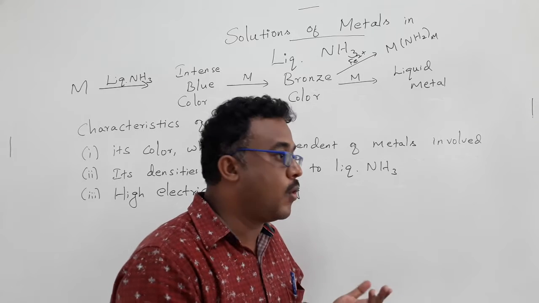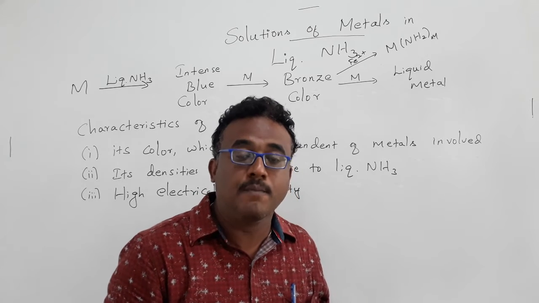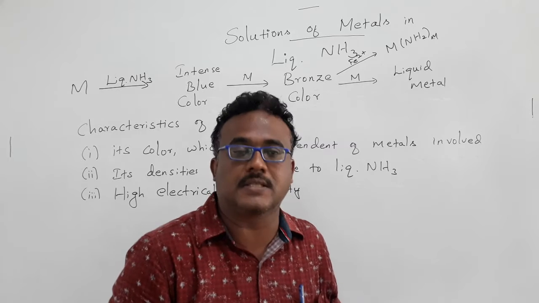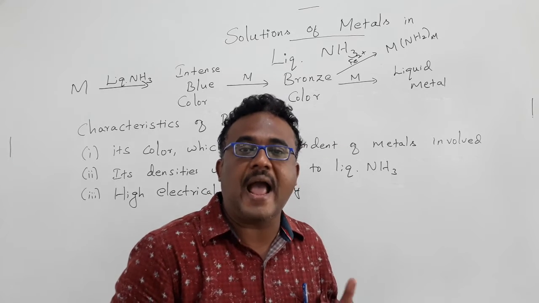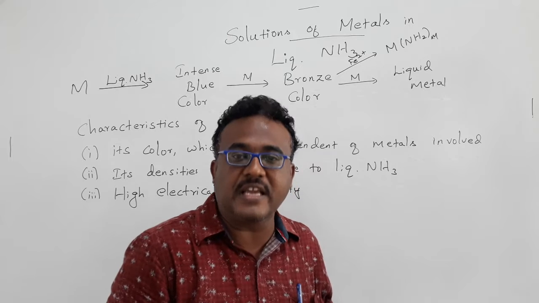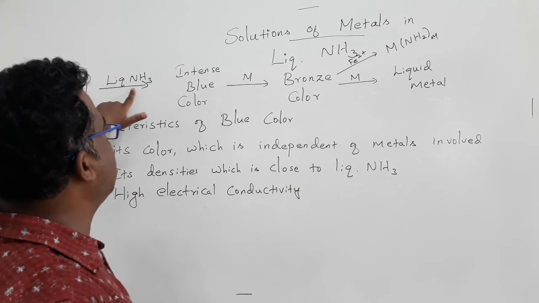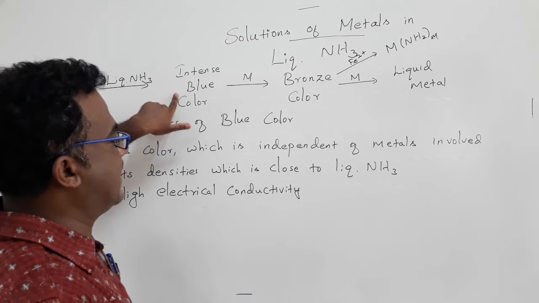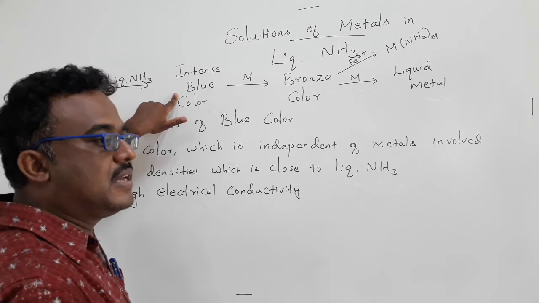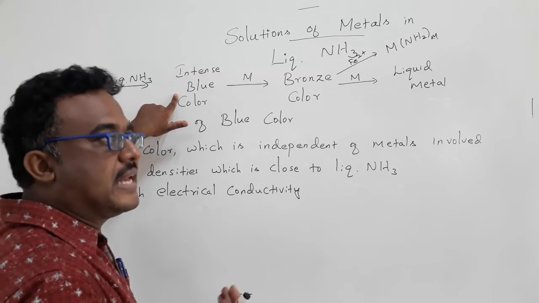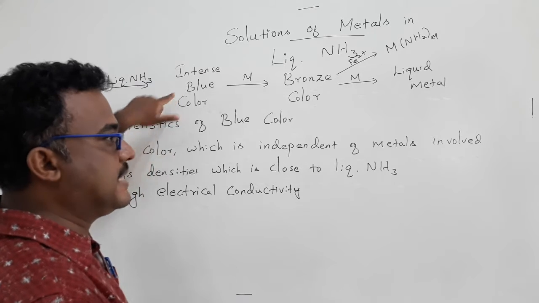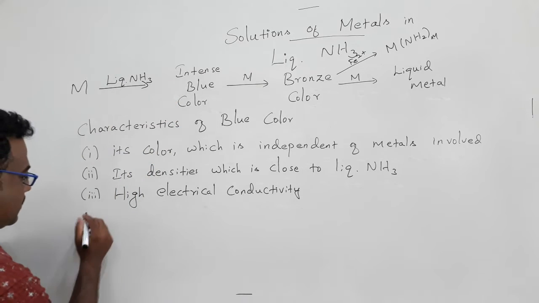That means there is a formation of more mobile species, fast moving species. Ionic species are generating in this reaction. When you add metal to liquid ammonia, the blue color has high electrical conductivity, which is one of the clues saying that there is a creation of ionic species in solution.